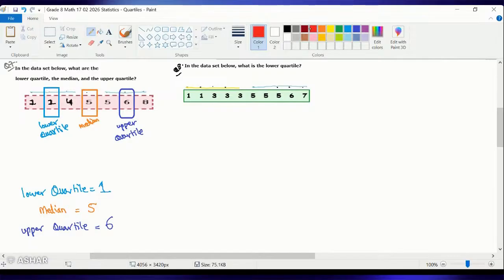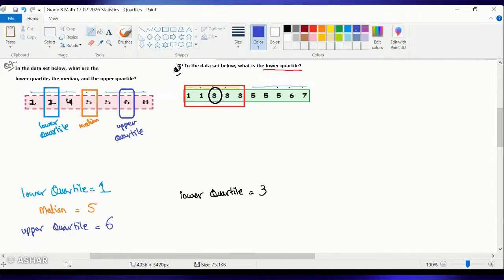So once we are looking at the lower quartile, they're asking us to find the lower quartile. The lower quartile means the middlemost value from the lower end. So which value would be the middlemost value? We can see there are 5 values. The middle value is 3. So we can say the lower quartile for this data set is 3.